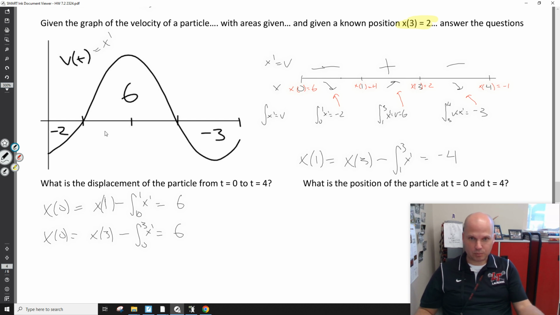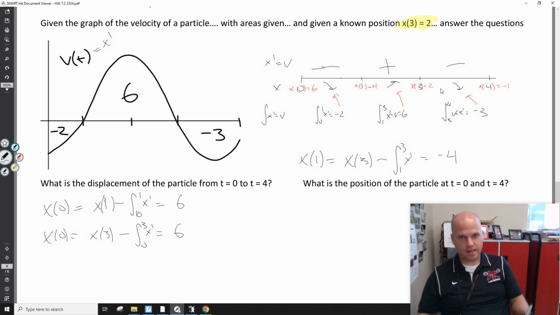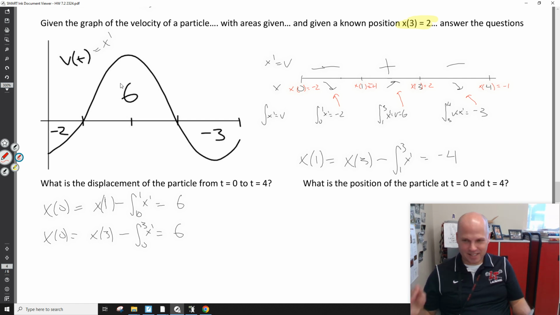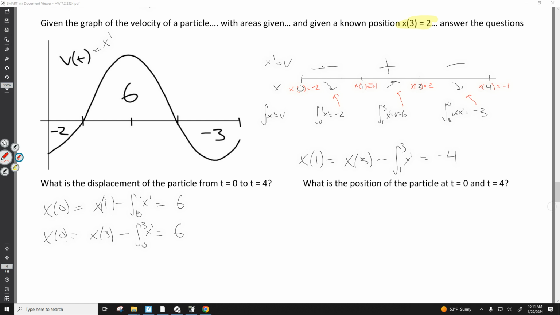Boom. Yo, that's a negative 4. Shoot. I just realized I was going off the wrong thing. I must be coming from negative 2. 2 minus 6 plus 2, negative 2.